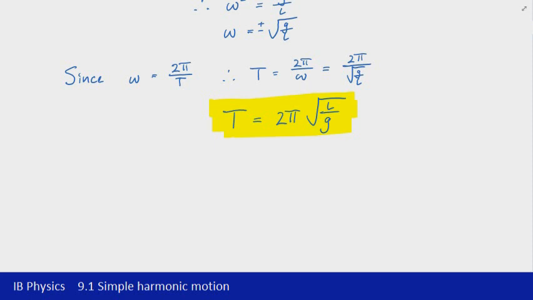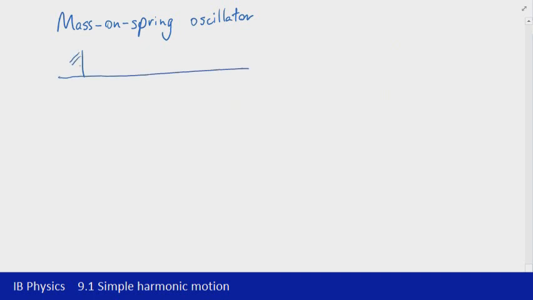Let's now go on to have a look at a mass on spring oscillator, and we'll have a look at that in a similar sort of way. We can skip through a few bits here to make it a little bit quicker, given that we've seen that derivation for the pendulum. So there's a similar sort of approach that we can take here. But before we do, we'll again draw this diagram showing the mass on spring being attached to a fixed object.